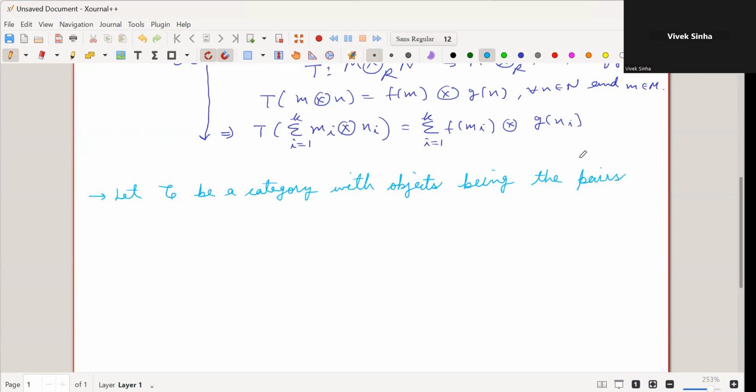What kind of pairs will be there? The pairs of the form M, N such that M is a right R module. So this is C of R, let's say.